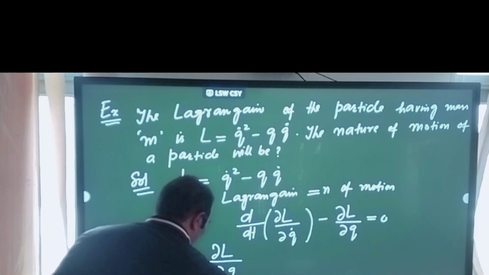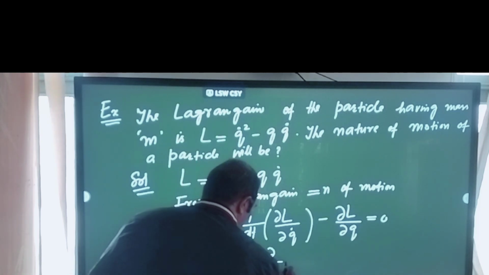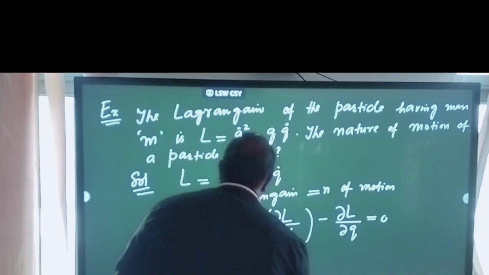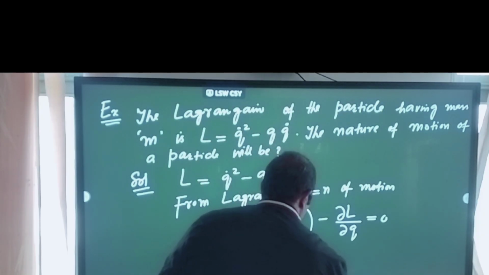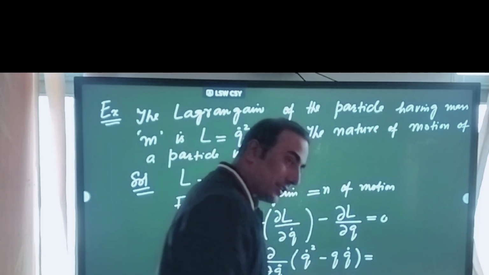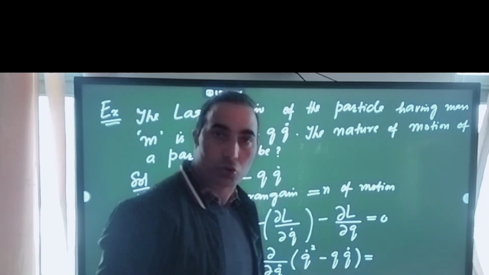Okay, so what's our partial L by partial q dot? So that is equal to partial by partial q dot. So inside is q dot square minus q dot. So that is equal to, because I need to differentiate this term partially with respect to q dot, right?